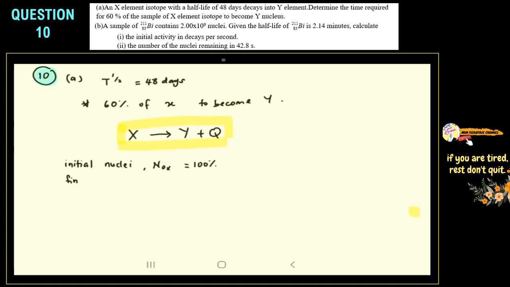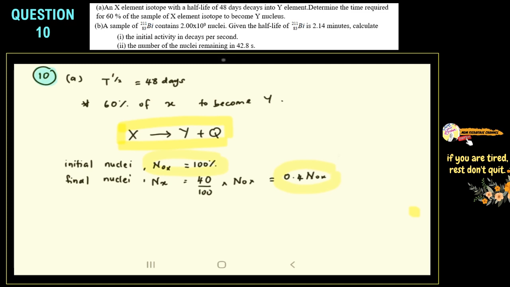We can write the final nuclei for X, which I put as nx, as equal to 40% of its initial, and this is equal to 0.4 n naught X.